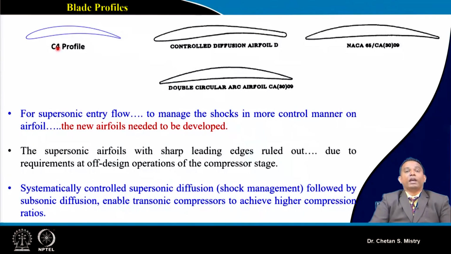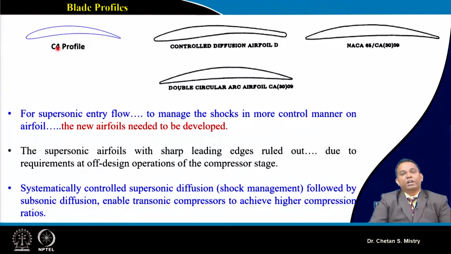Secondly, if we are looking at my supersonic flow, the sharp leading edge is what is creating the trouble. This sharp leading edge that we are discussing is what helps us anchor the shock. But what happens when my flow or my compressor is working under off design condition, say operating under subsonic condition?